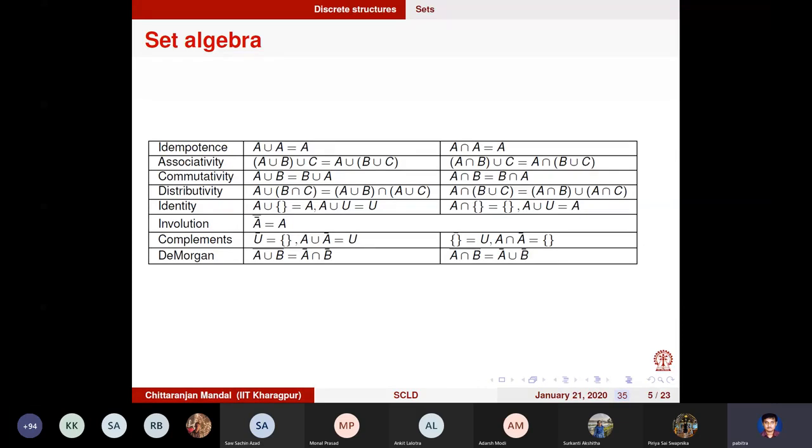For example, if I put a parenthesis here, this means that first you should take the union between A and B, and with whatever is the result, you should take the union with C. So you can apply parentheses. It has the usual meaning in normal algebra that you studied also.